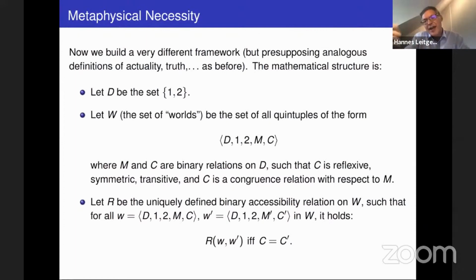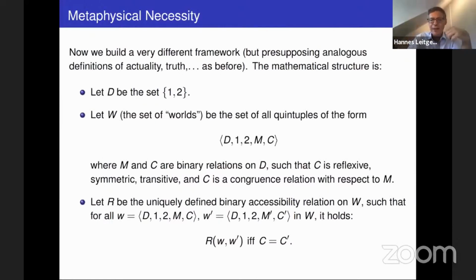And the only thing that I assume is that C is a congruence relation, okay? So it's reflexive, symmetric, transitive, has some structural properties. It's an equivalence relation. And in fact, it's a congruence relation. And that roughly means that for all structural purposes, a world thinks of C as something like an identity relation for that world, okay?